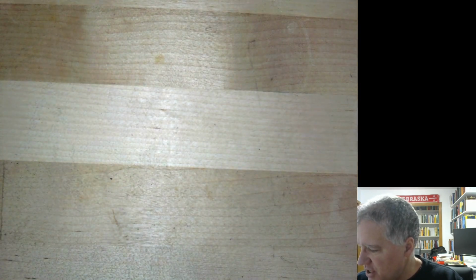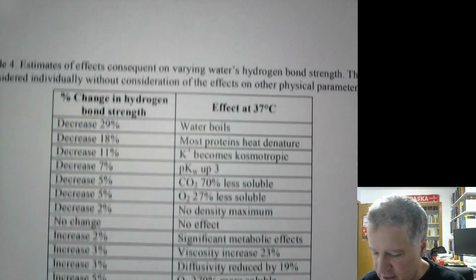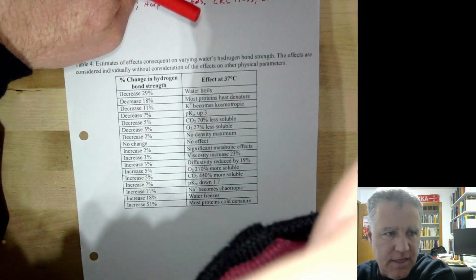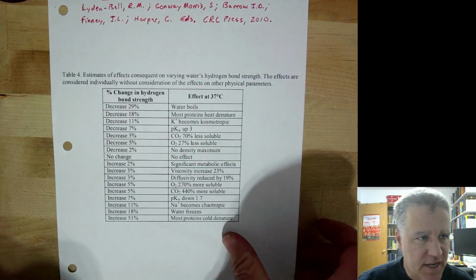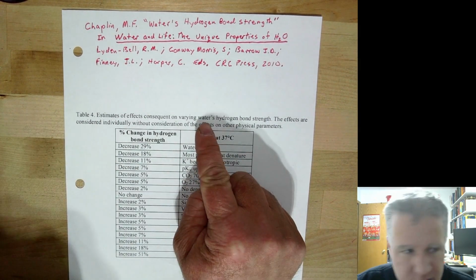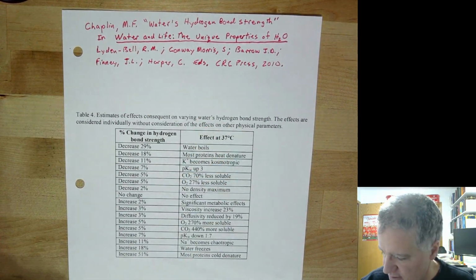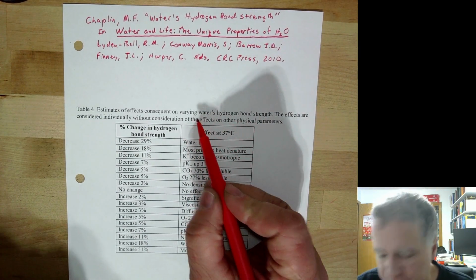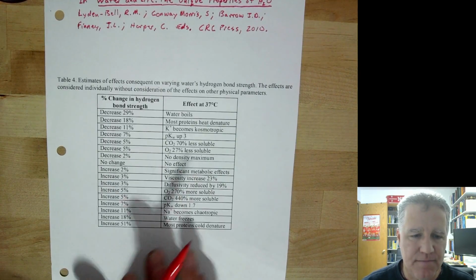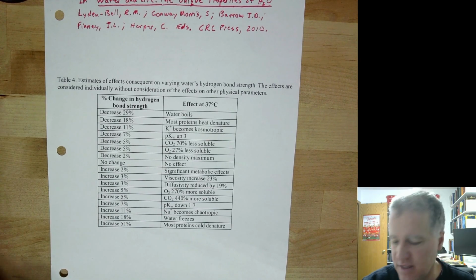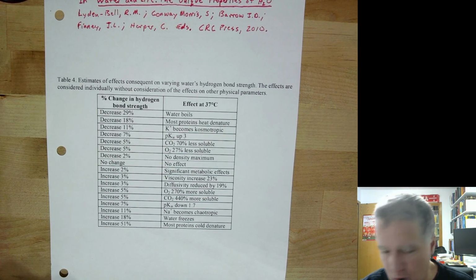Let's just finish with something a little different. There's this table here that I got from this reference right here. It's an interesting kind of thought experiment. If we keep everything else the same, but either increase or decrease the strength of hydrogen bonding just in water, what would happen?